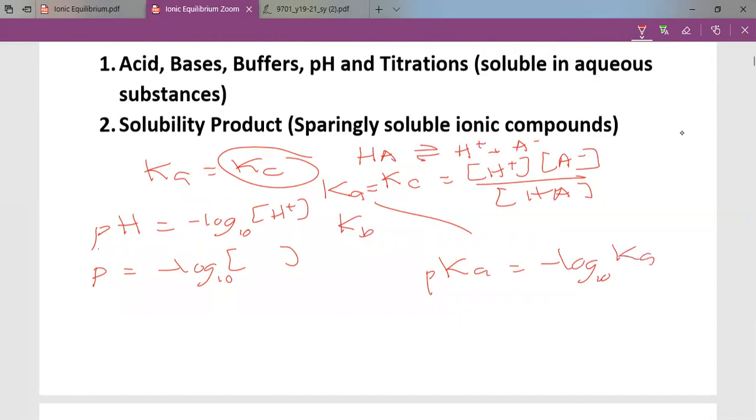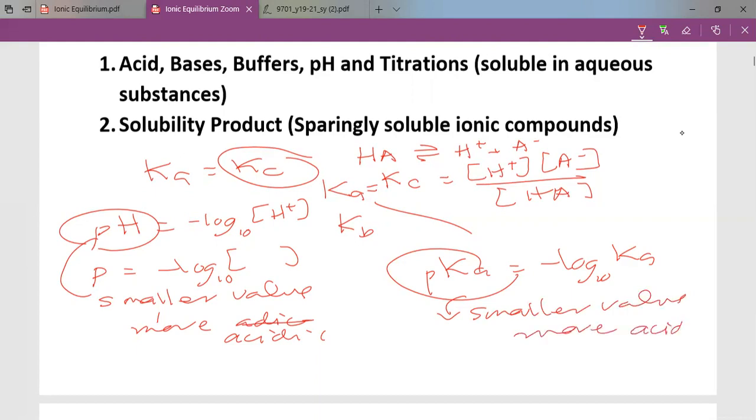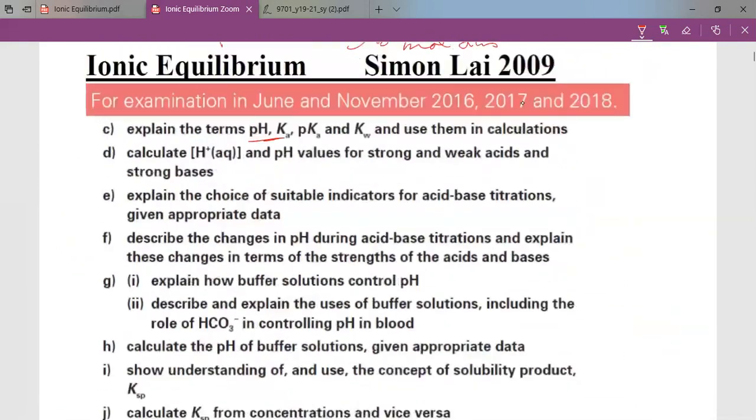Remember, for pH, the smaller the value, the more acidic. Here also for pKa, the smaller the value, the more acidic. They ask you about this. We did this before in your organic chemistry, if you remember. Of course, you don't remember.